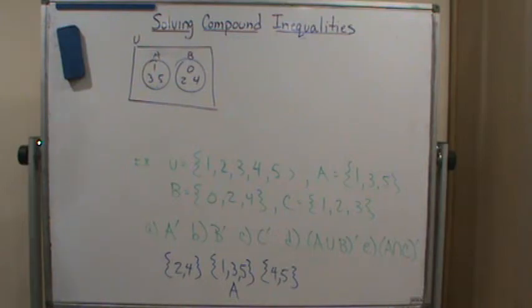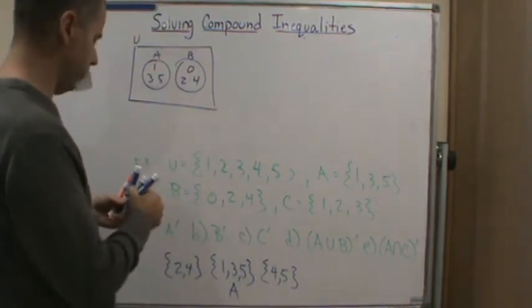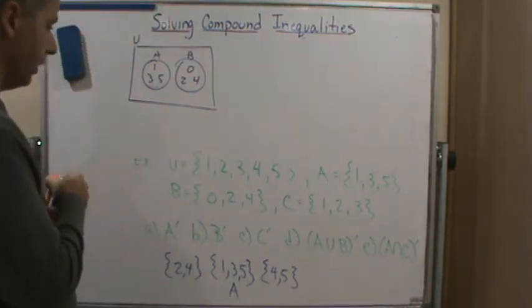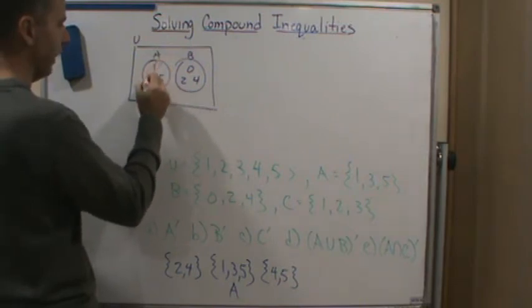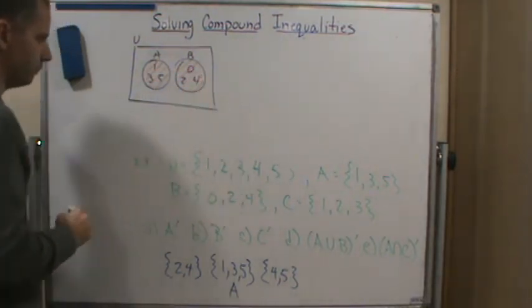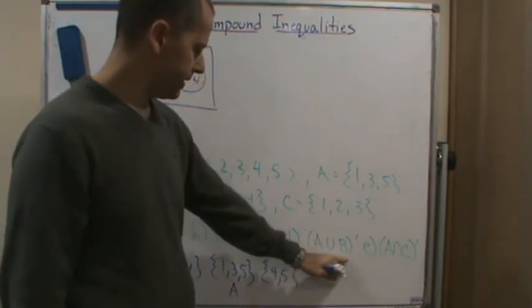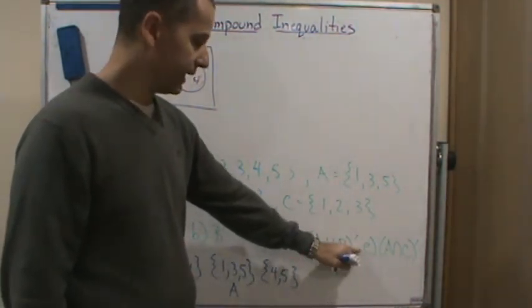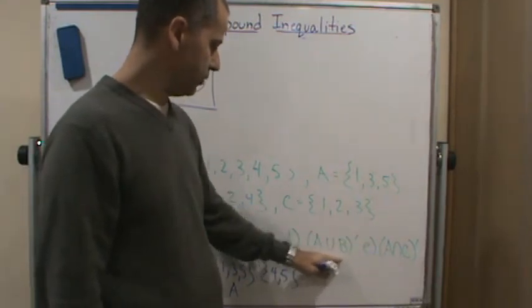And we want to take the union of that. The union of A and B is everything in A and everything in B. That's the union. Now that we know what this is, I want the complement of that. I want everything that's not in the union of this.